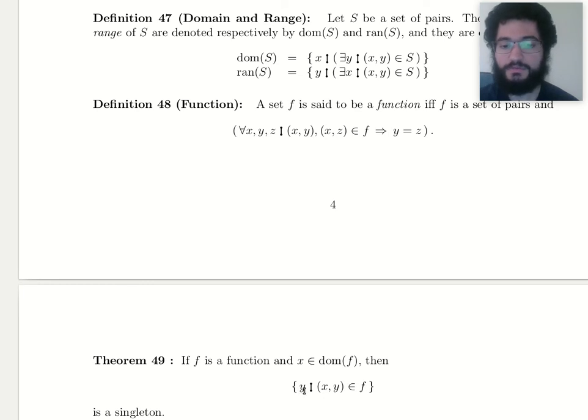It's the set of possible second coordinates for pairs that are in F where the first coordinate is x. Now let me redo this using the input-output terminology, where I use the word input to refer to the first position of a pair in F and output to refer to second positions. This would be the set of outputs that F associates to the input x.